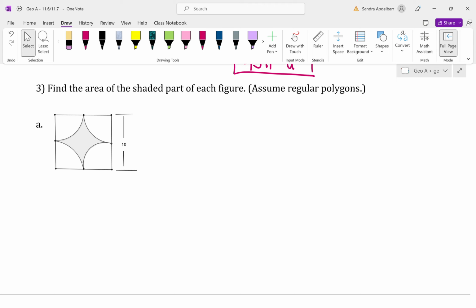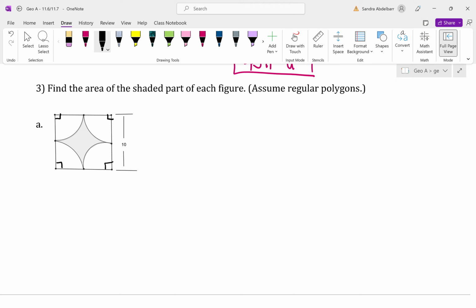So if it's a square, don't we know that all sides are congruent and all angles are 90 degrees? So I know the main figure here is a square. What are all these little loops? What are these called? Anybody know? Maya? Sectors. These loops are all sectors.